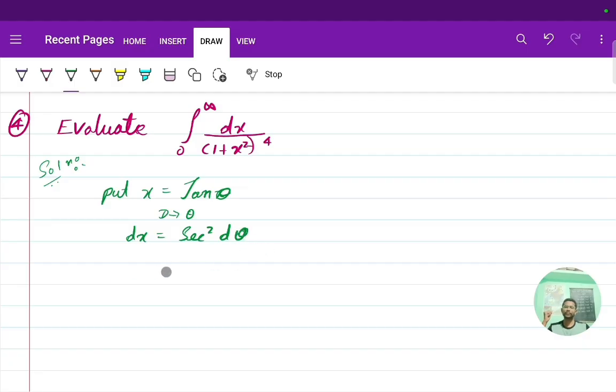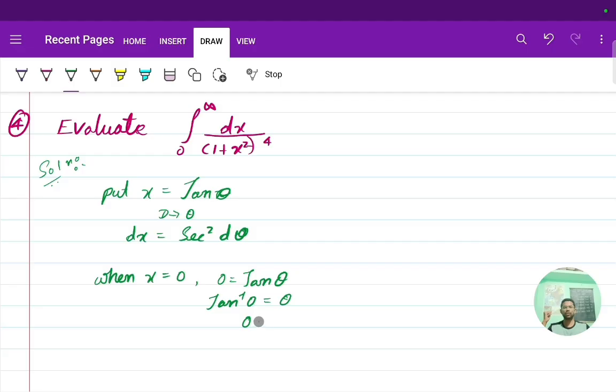Now, when I take x is equal to 0, then 0 is equal to tan theta, tan inverse 0 is equal to theta.